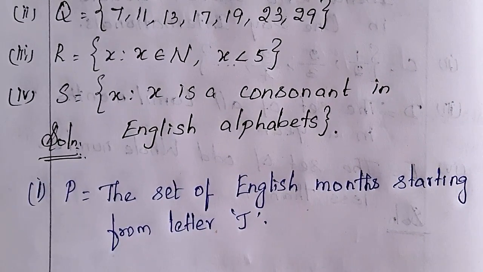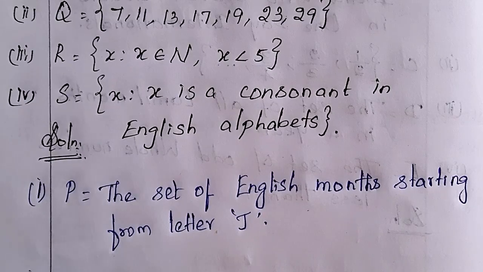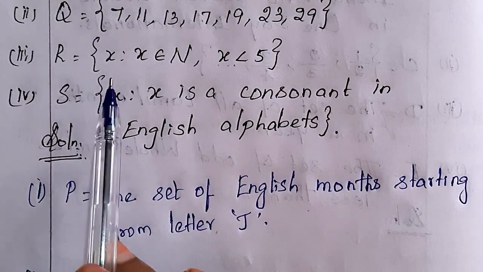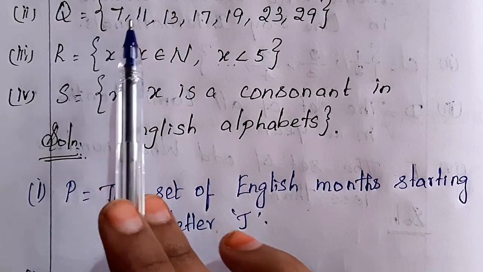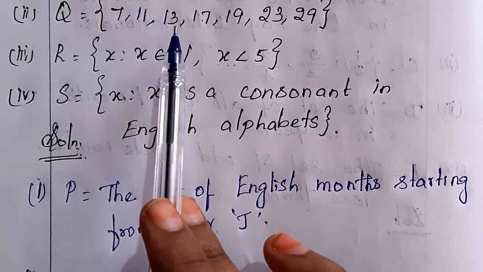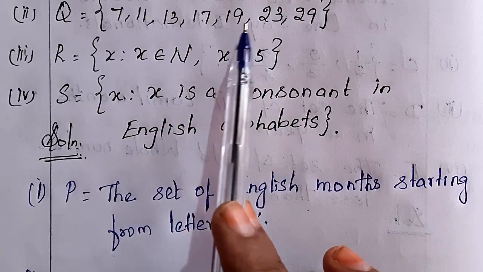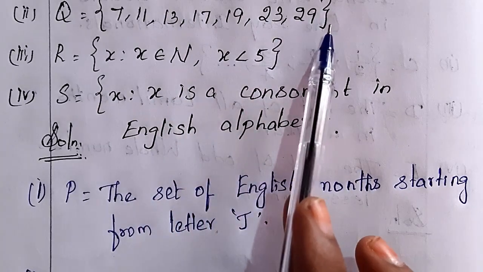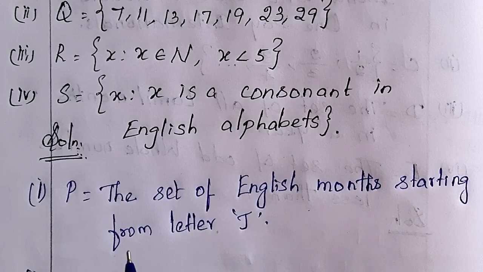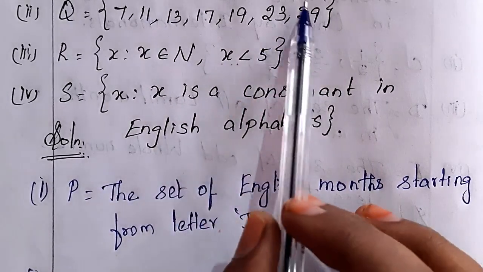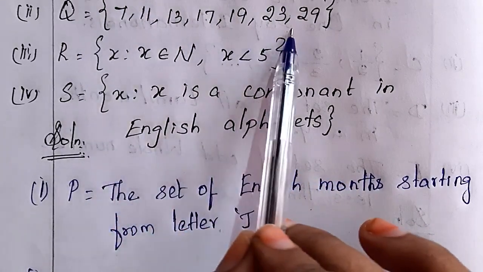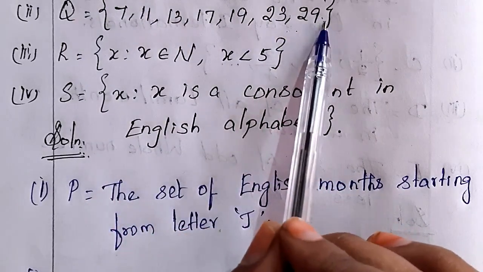The next one, Q equals the set of 7, 11, 13, 17, 19, 23, 29. What is it? Can you guess? Q is a set in roster form because it is written with elements.